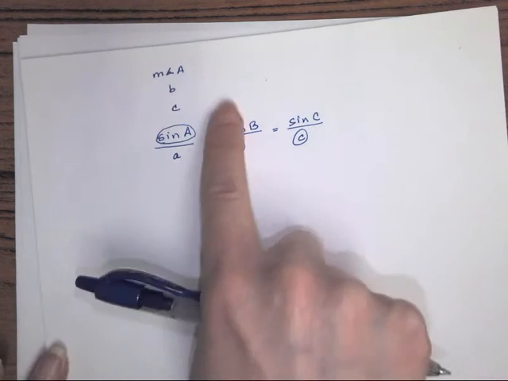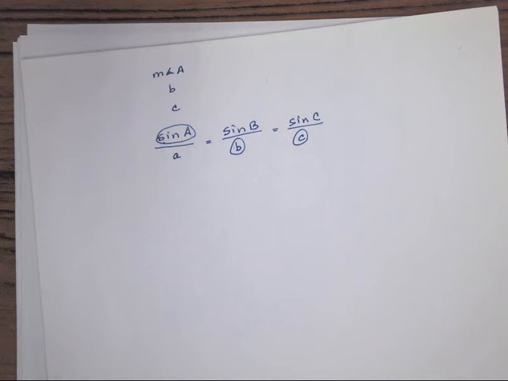You don't have a whole one complete. You cannot solve this kind of a triangle with the law of sines. This is not a thing.